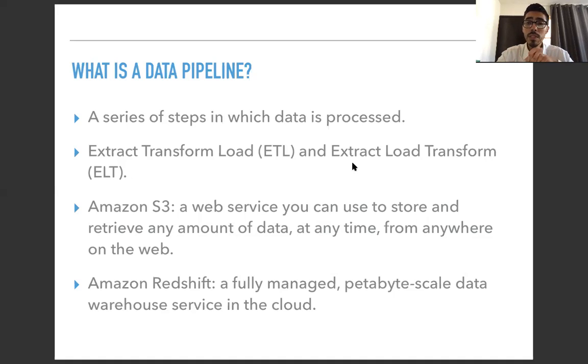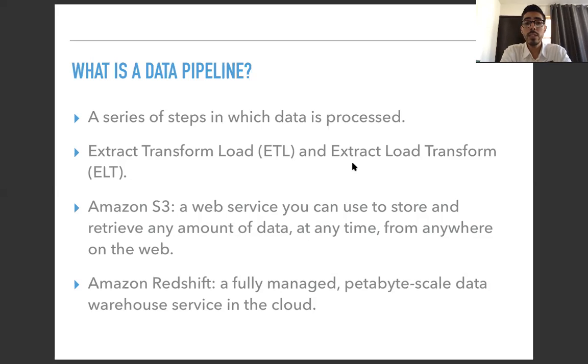Two of the services that we use for these two data pipelines are the Amazon S3 and the Amazon Redshift. So the S3, as you already know, is a web service you can use to store and retrieve any amount of data at any time from anywhere on the web. So this is just like a super big container for data. You don't have any processing power. I mean, you don't treat data with this, you just hold it there.